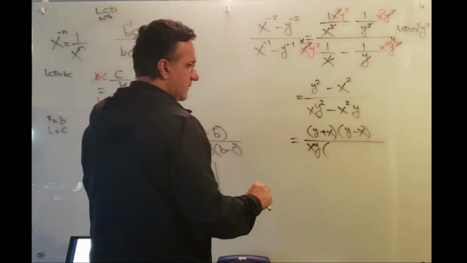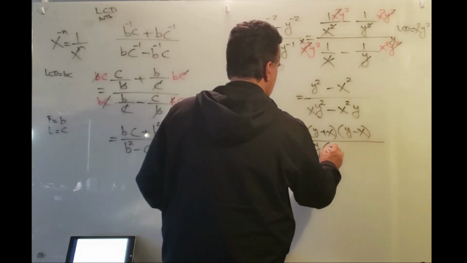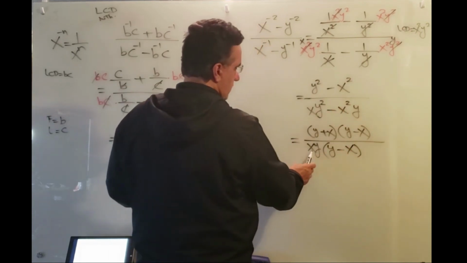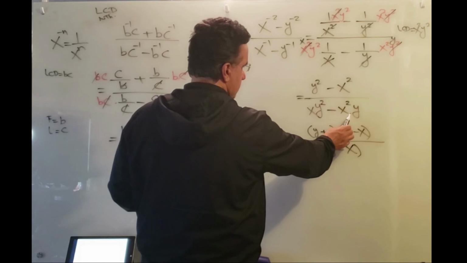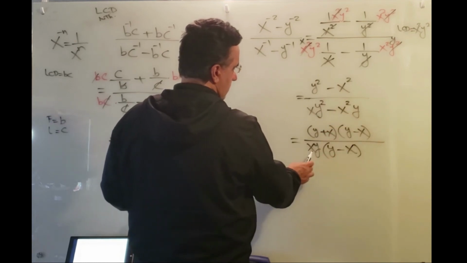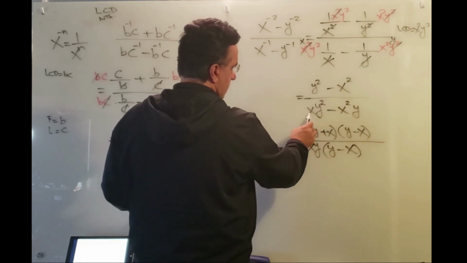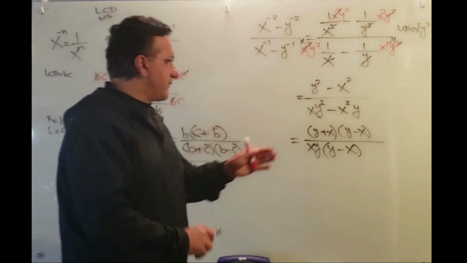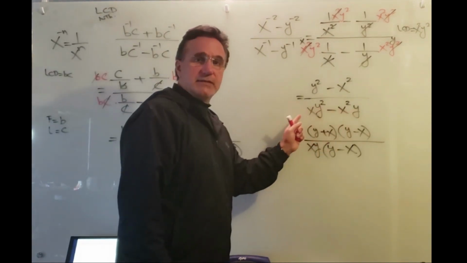And that's going to leave us what? Y minus x, right? What do you multiply xy by to get x squared y? You just need an x, right? What do you multiply this y by to get xy squared? You just need a y. So that's why it works out like that. We're just factoring out a GCF from these two terms, right?